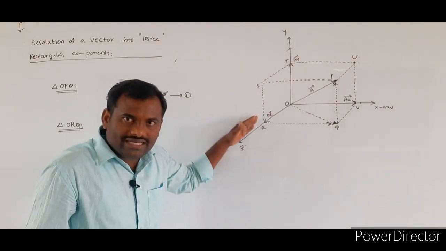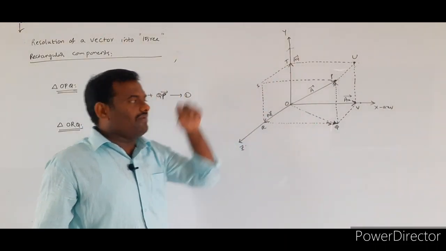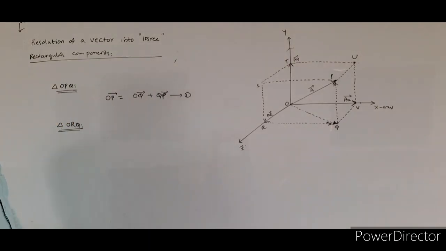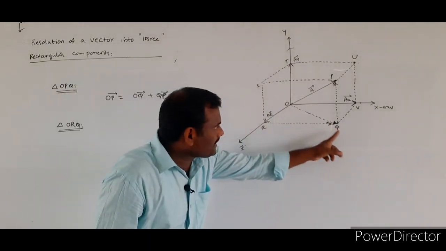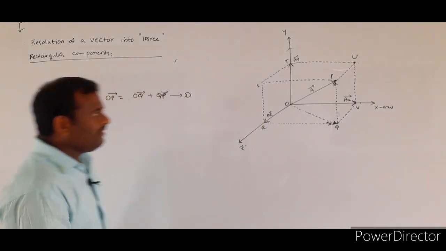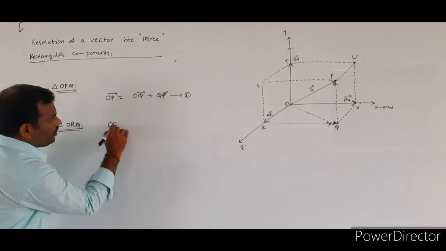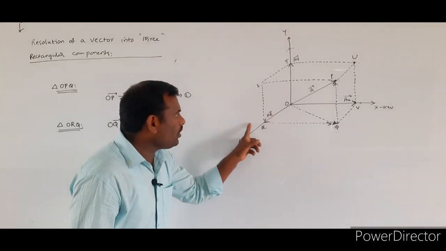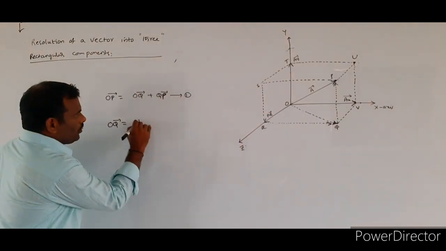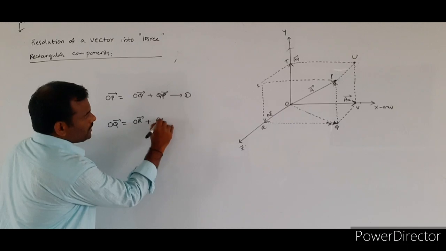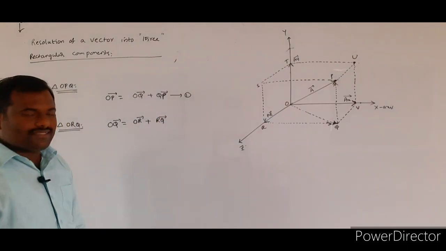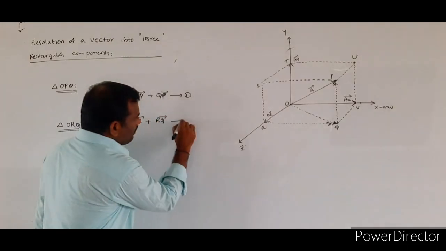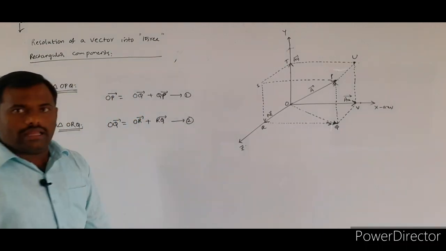Again we are using the triangle of vector addition. The closing side is nothing but the resultant. Therefore, first I wrote the resultant: OQ bar is equal to OR bar plus RQ bar. Equation number 2.